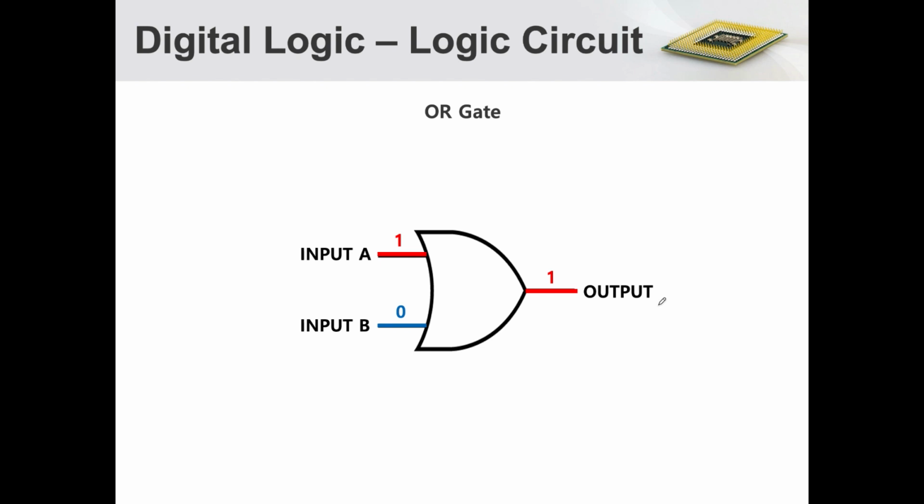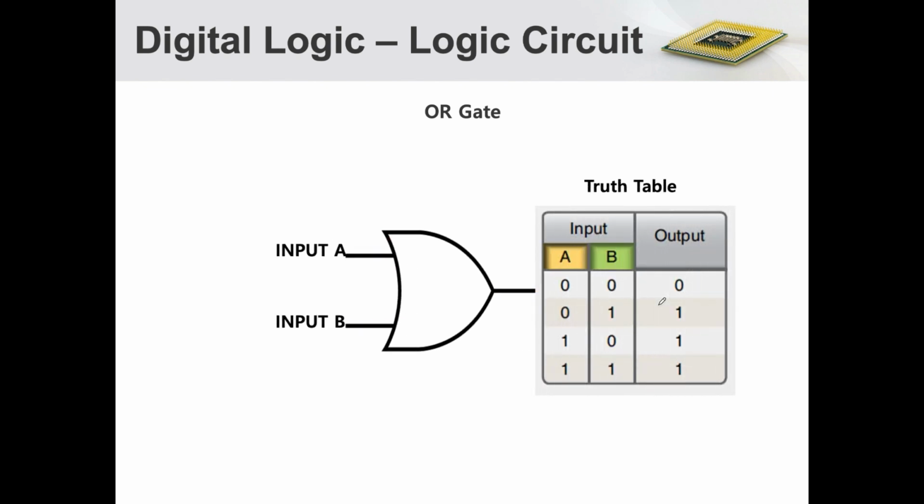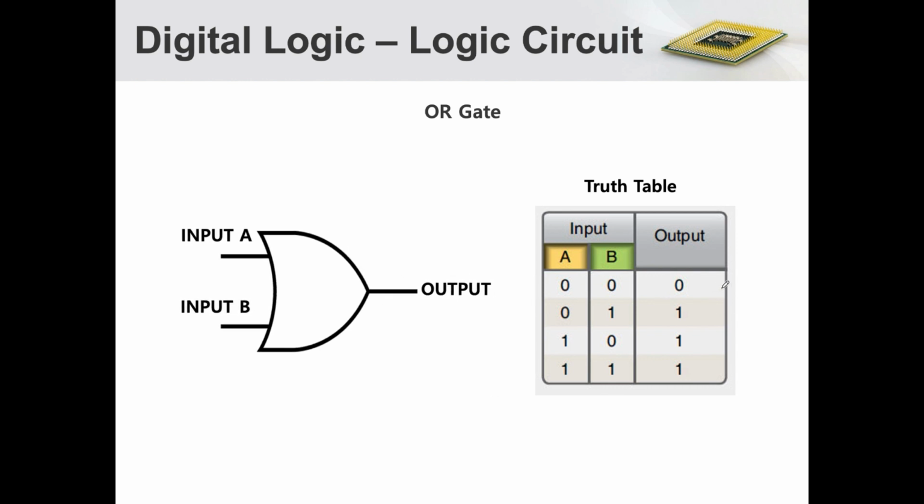If let's say we have 1 0, we have 1, and if we have 1 1, still the output will remain 1. So the truth table looks like this: you only get the low output if both inputs are 0.